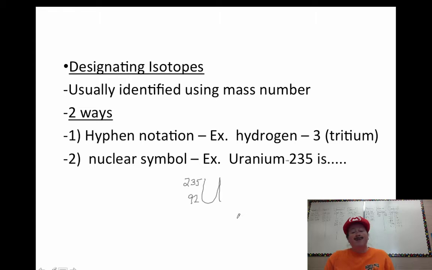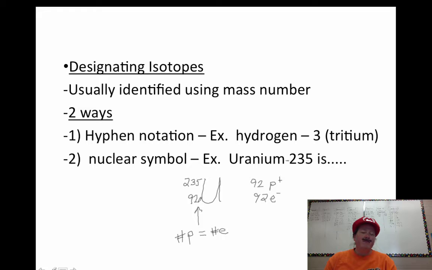Now let's talk about protons and electrons and neutrons here. This number here is always going to give us the number of protons. Now in a neutral atom, that's equivalent to the number of electrons. So we have 92 protons and 92 electrons. The atomic number is 92.